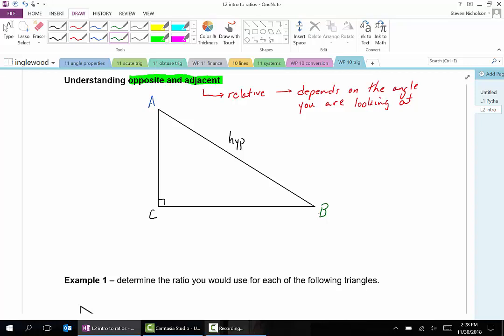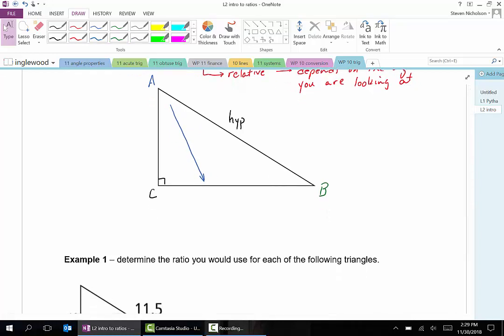Now, let's start looking at angle A. So again, remember, hypotenuse is always the hypotenuse. So relative to angle A, we have the two other sides, the legs. And one of those sides is the opposite side, and one of the sides is the adjacent side. So relative to angle A, if I call it the horizontal side, this side over here is opposite of angle A. When you think of the word opposite, we usually think of opposite as across from.